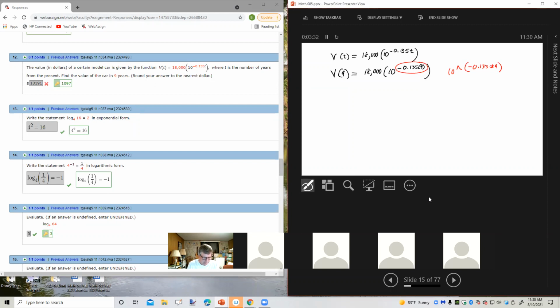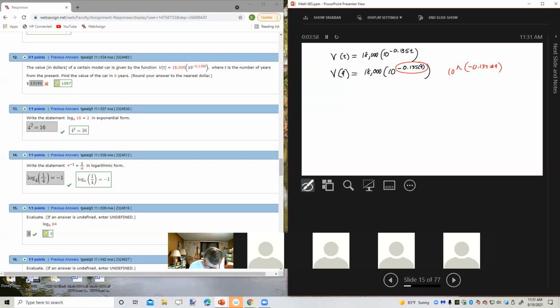So I should have 18,000 parentheses 10 raised to the parentheses negative 0.135 times 9, close parentheses, and then close parentheses.